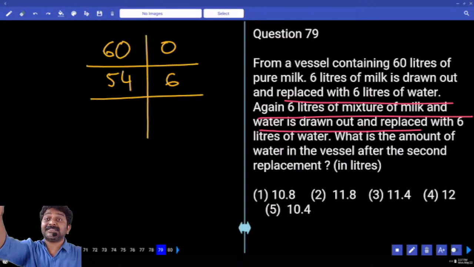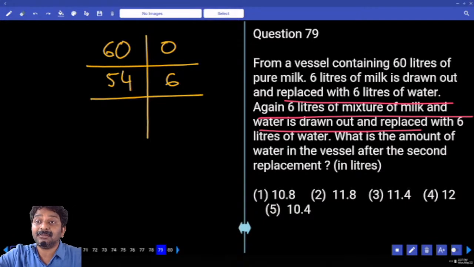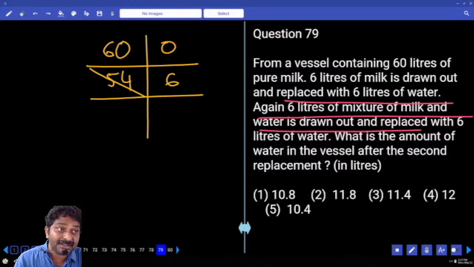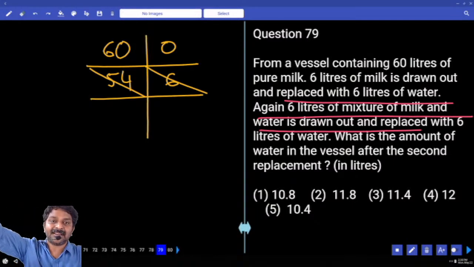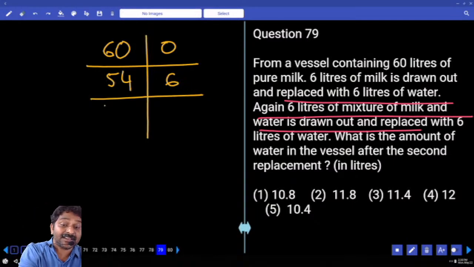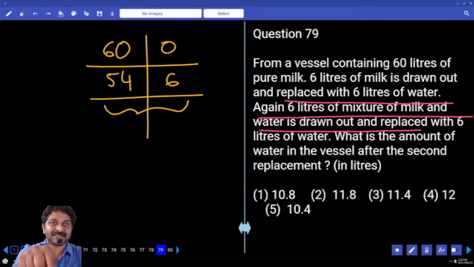Now what is the total quantity? 60. From 60 liters, how many liters are taken out? 6 liters. Can I say 6 liters is going from 54 liters? Can I say 6 liters going from 6 liters? Both together it is 6 liters, right? So whatever the existing ratio that we have at present, the 6 liters going out should also have the same ratio. Agree?